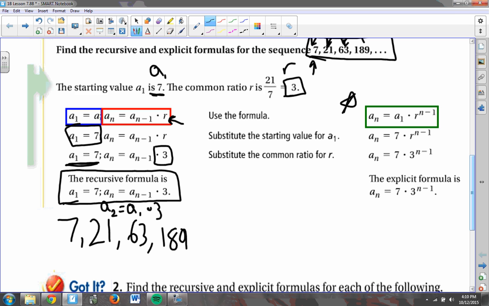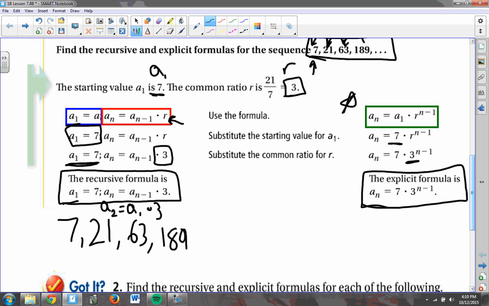So A sub n, instead of equaling A1, I'm going to say that equals 7 times, instead of my R value, I'm going to say my R value is 3. And I'm still raising that to the power n minus 1. So my explicit formula is right here: A sub n equals 7 times 3 to the power n minus 1.